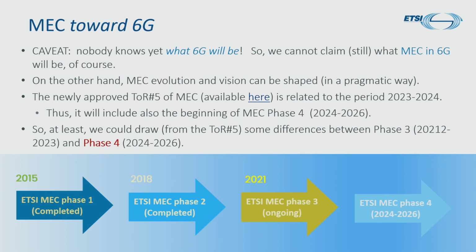So we are heading to 6G. We're not claiming that we know what 6G will be. Of course, nobody has a crystal ball to predict the future.